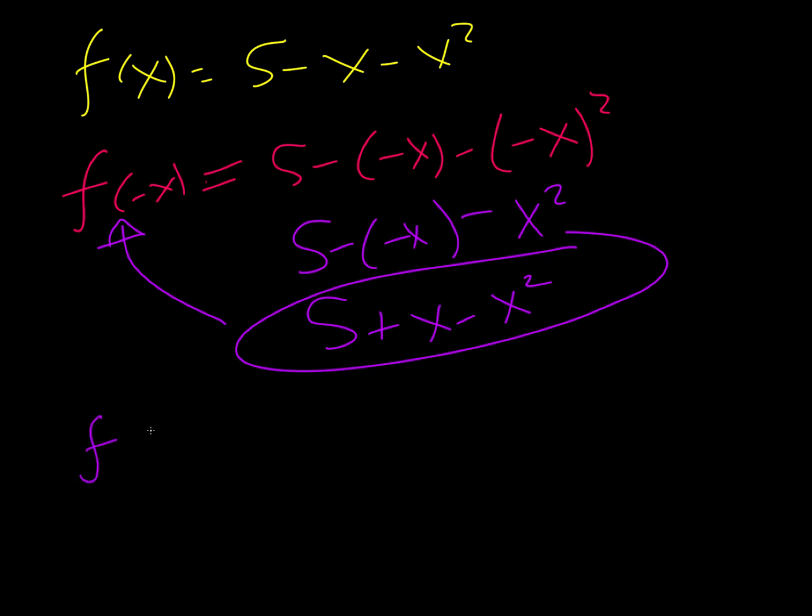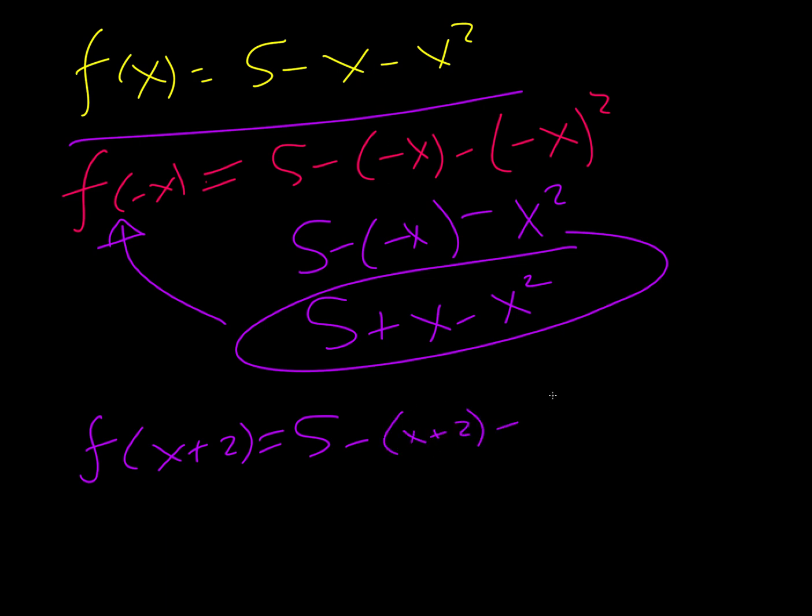Okay, so f of x plus 2 for the same yellow function up here. So once again, use parentheses. I'm replacing all these x's with x plus 2's. All right, so I'm going to think of this as x plus 2 times x plus 2 and distribute.